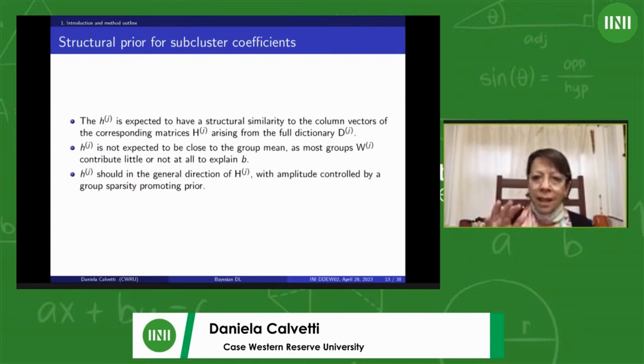So it should point in that general direction. In general, we could compute the mean, but we don't expect that, for any B that we come up with, this vector is close to the group mean, because most of the group will not contribute to explaining B. Even if we identify the subdictionary, only a few entries will play a role in the explanation of B.